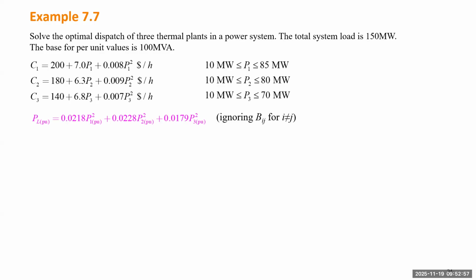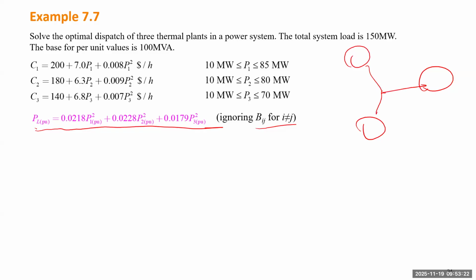So if we dispatch 3 units, each has a cost function C1 to C3, and also we have generator limits, and we add a very simple transmission loss function. It's a quadratic function, but we ignore any Bij cross terms. This is similar to maybe 3 generators together sending some electricity to a center location.